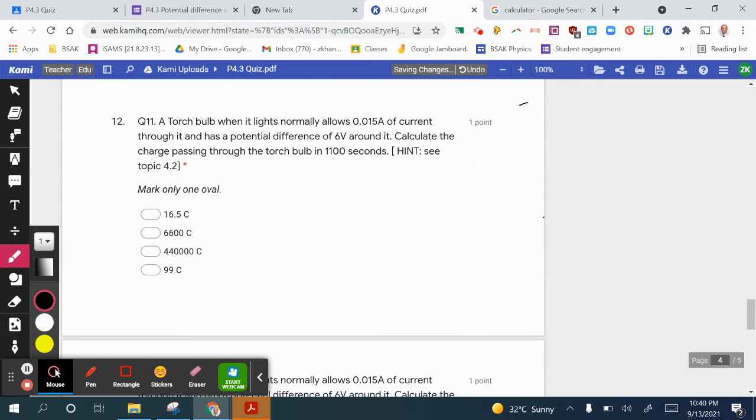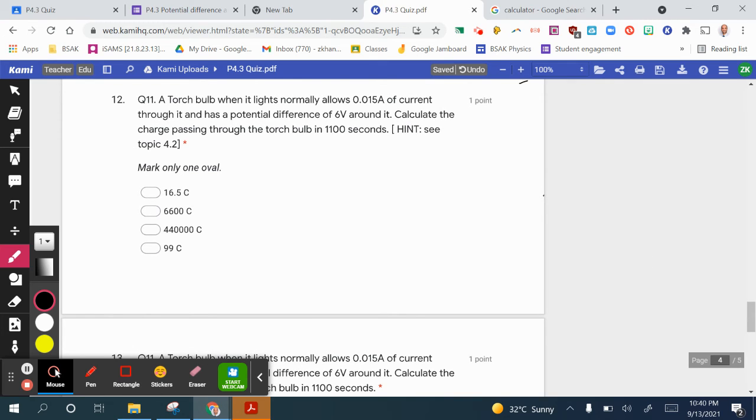Okay, question 11. A torch bulb, when it lights, normally allows a current, again with the same question. We've got a current of 0.015 amps through a potential difference of 6 volts, and calculate the charge passing through the torch bulb in 1100 seconds.